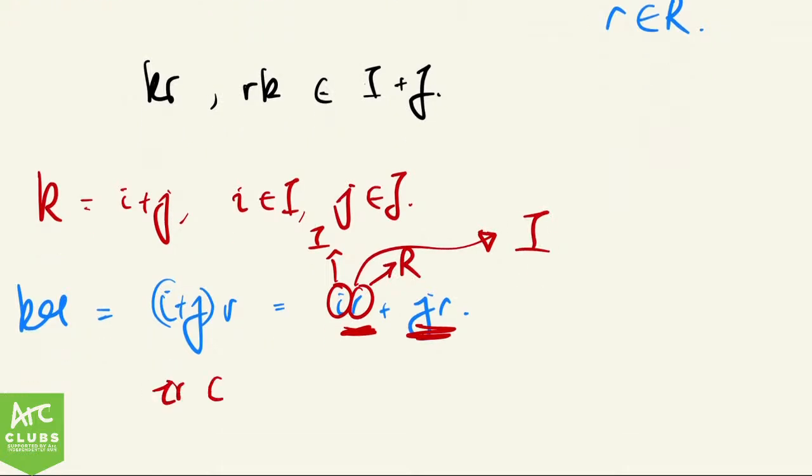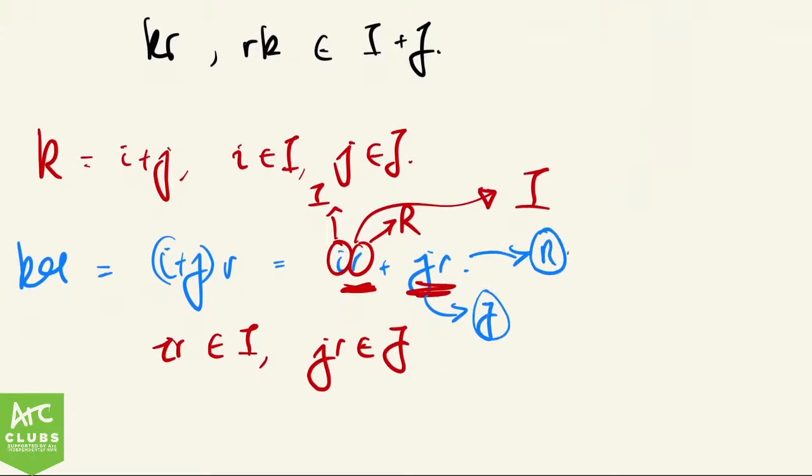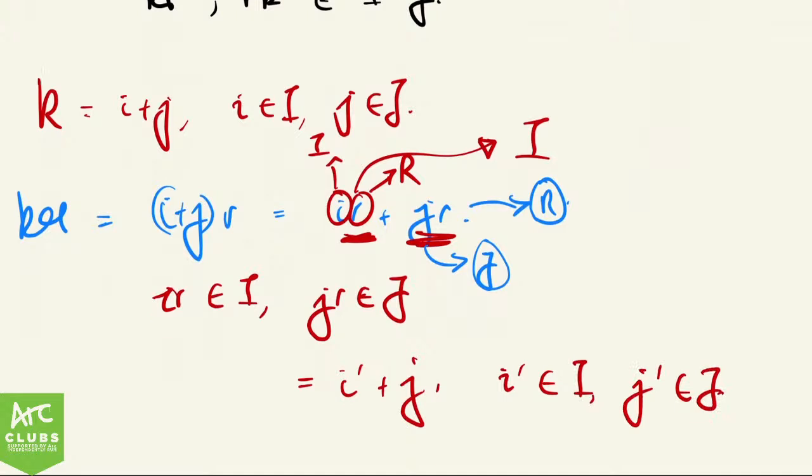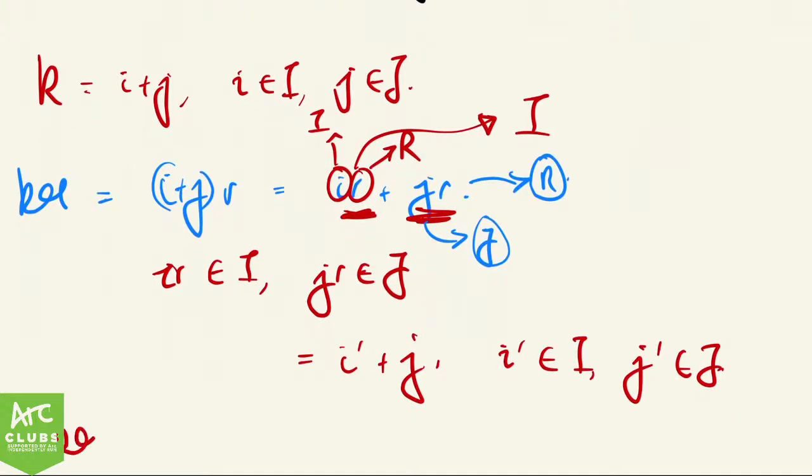So ir is an element of I. And then similarly, you can use the same property to prove that jr is an element of J, because we've got the ideal property again, right? So j is an element of J, and r is an element of R, okay? So that means that we do actually have i plus j, for i an element of I, and j an element of J. So it can be proven that kr is an element of I plus J.